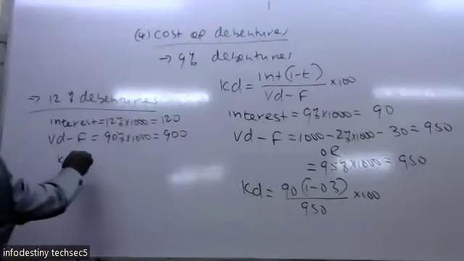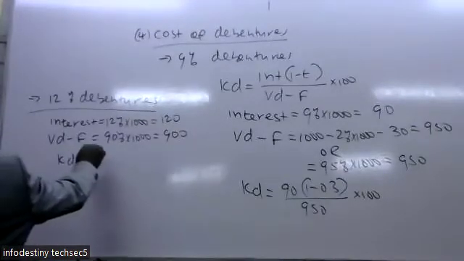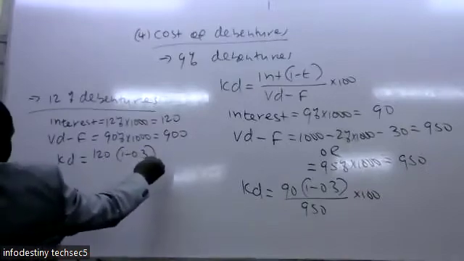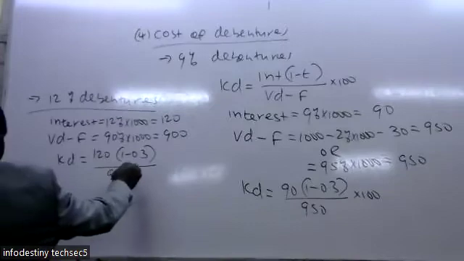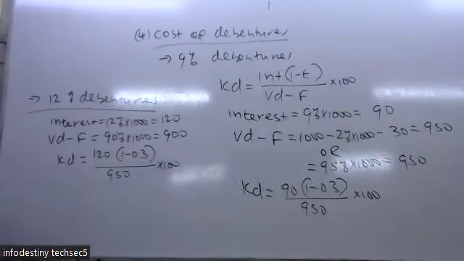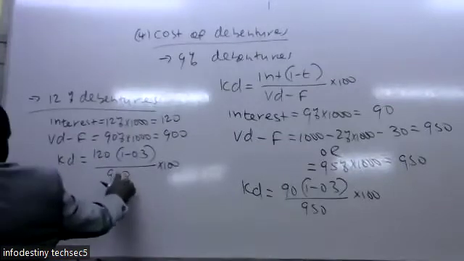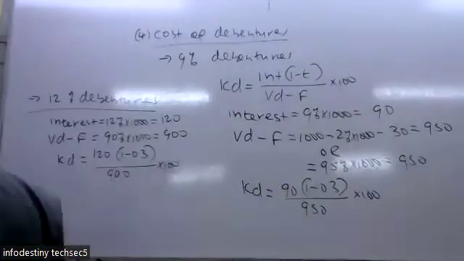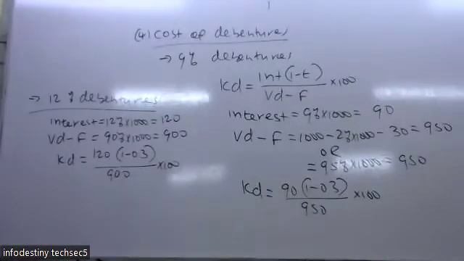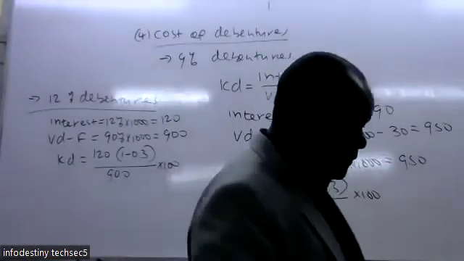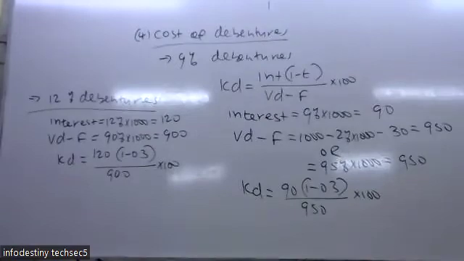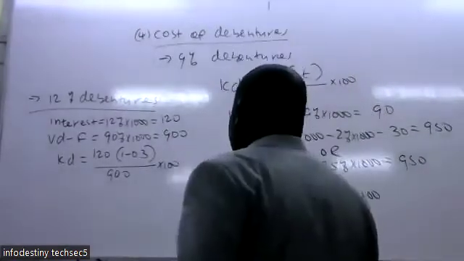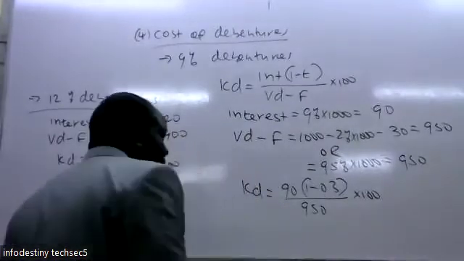So KD is now going to be 120 times 1 minus 0.3, divided by 900. This one is 9.33%.